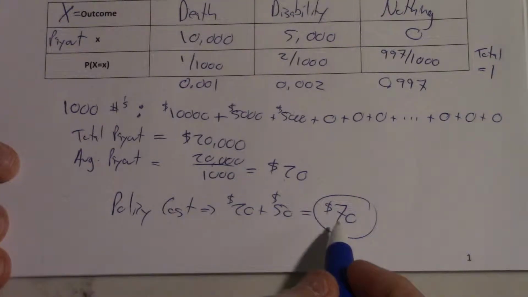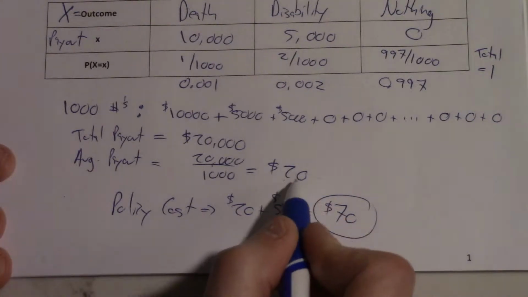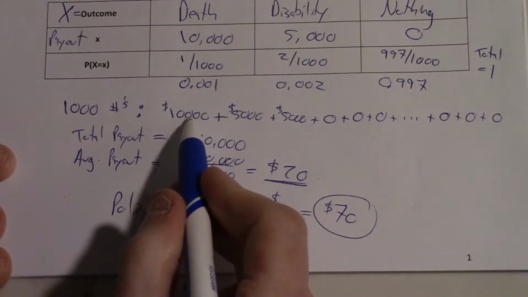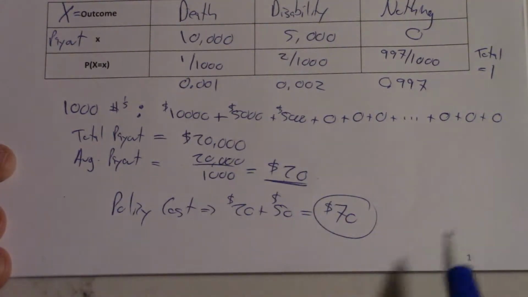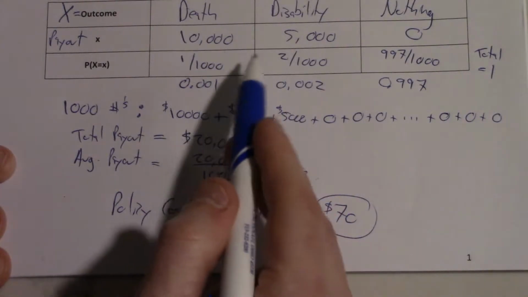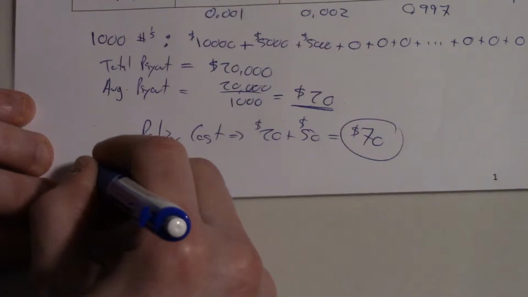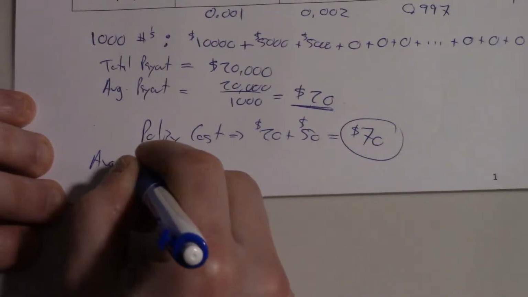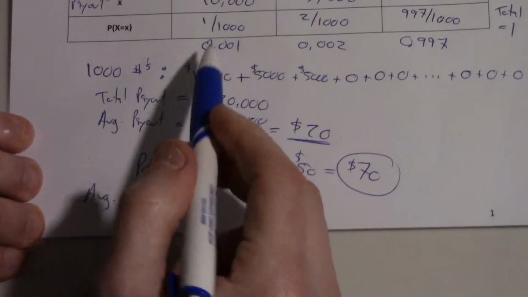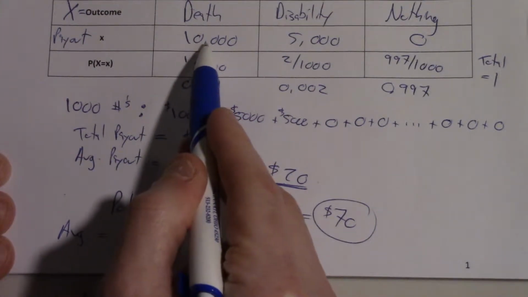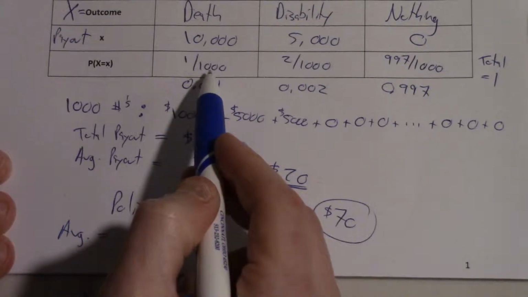We can find this average, the $20, in a different way. We don't have to have all 1,000 numbers. All that we need is the table. So another way to compute the average is you take each little x, each quantitative value, and multiply it by its probability.